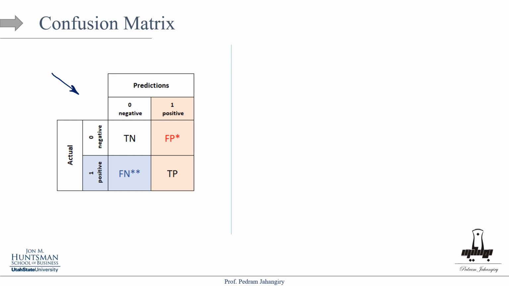All the other performance metrics are built upon these four numbers for two-class classification. And the statistics are easily generalizable to models with more than two classes, let's say three classes, four classes. So let's start with the confusion matrix for two-class classification.